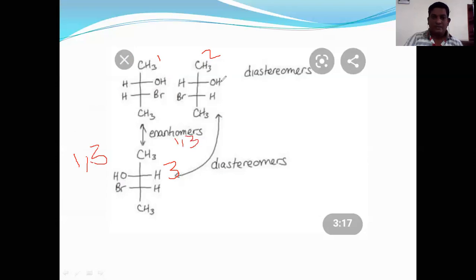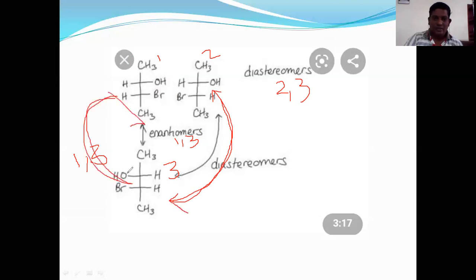Then what is a diastereomer? Diastereomers are 2 and 3. These two pairs we can take as diastereomers. Now these two pairs we are taking as enantiomers.